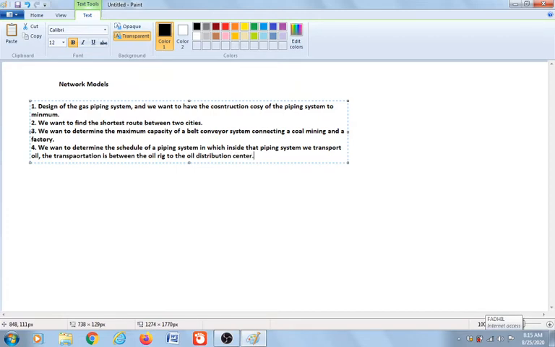Okay, so those are the four applications of the network models.